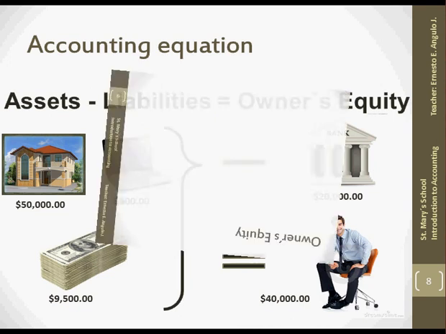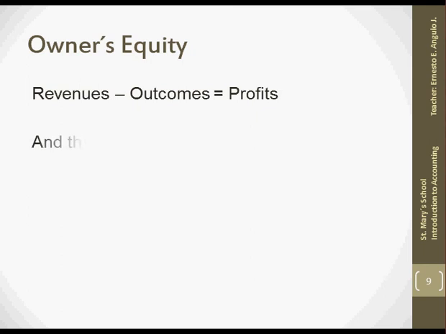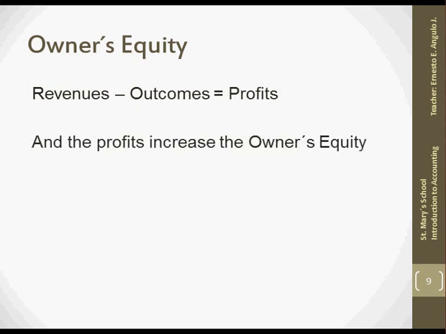On the other hand, the owner's equity increases by the profits of the period, and the profits are calculated by subtracting the total outcomes from the total incomes or revenues. Besides that, the profits of the period increase the owner's equity.